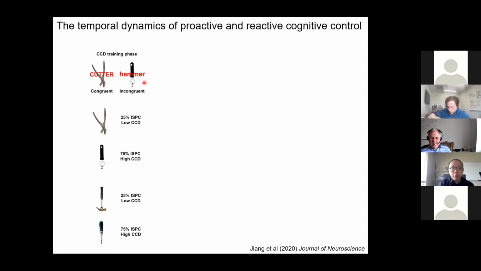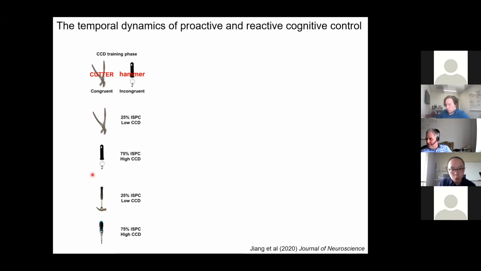To manipulate the associations between individual tool images, which are our items, and the cognitive control demand, out of the 4 tool images we have, we presented 2 of them in mostly congruent trials. In other words, for those two tools, if the participants see them, they were more likely to perform a congruent trial, which requires lower cognitive control demand.